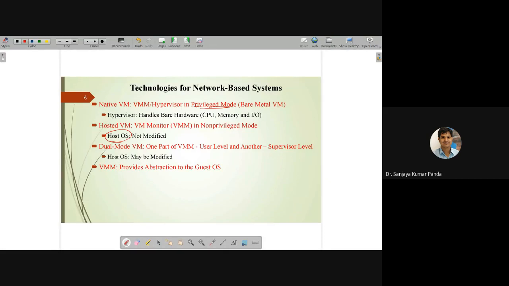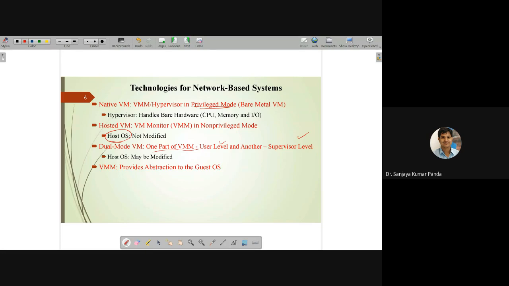Privilege means permission. Privileged mode is for the system space, not for the user. So the user cannot modify it, right? And VMM is in the non-privileged mode, so that is your user space. When you go for the dual mode virtual machine, one part we have seen is at the user level, another part is at the system level, or you can say supervisor level.